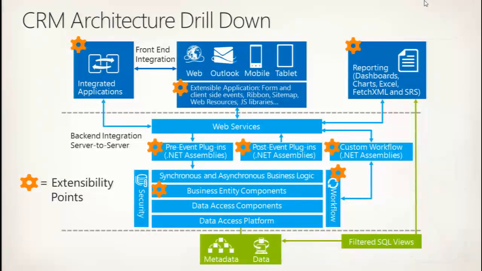And again, this is the same architecture for online and on-premises, except for a little catch, of course. We do allow our customers to directly query the database and just read the data, not write the data, just read the data. So if you're an on-premises customer, you can directly go against our database and do reports.